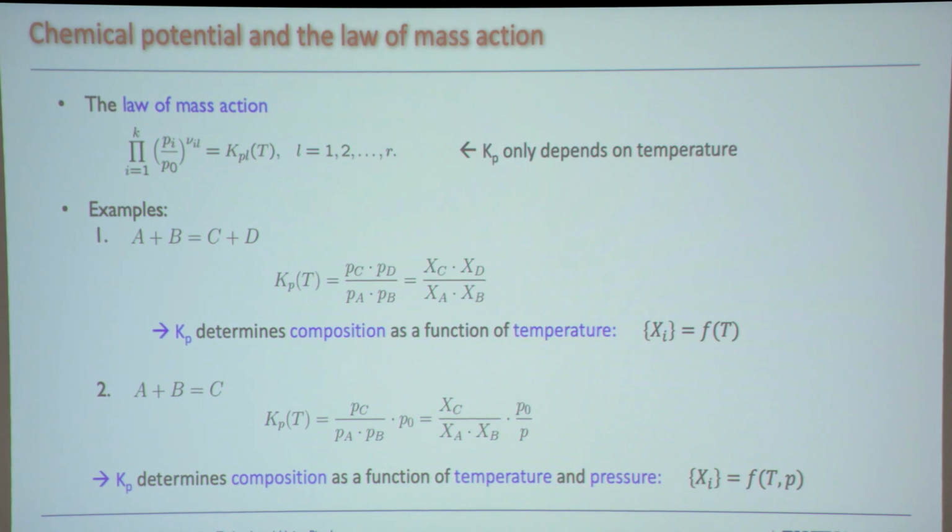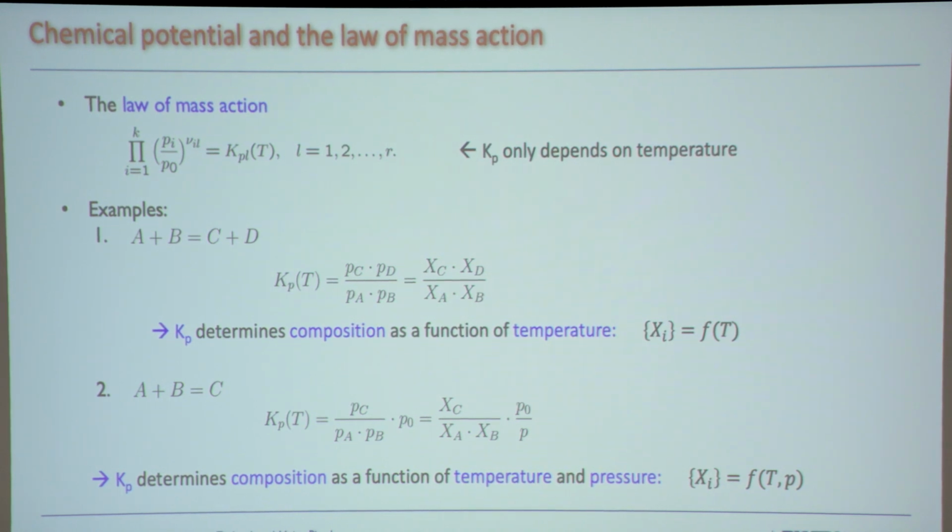If you give me a temperature, I can compute K, and that's a constant now. If it's 1, then I get equal amounts of reactants and products. If K goes to infinity, it really means everything is products, irreversible chemistry. That's what we assumed so far. And if it goes to 0, then the reaction is never going to happen, right?